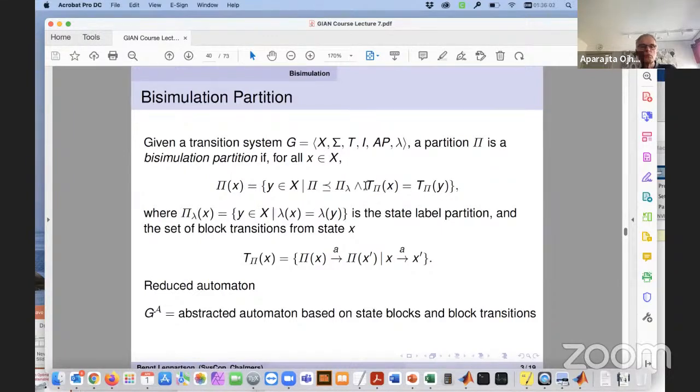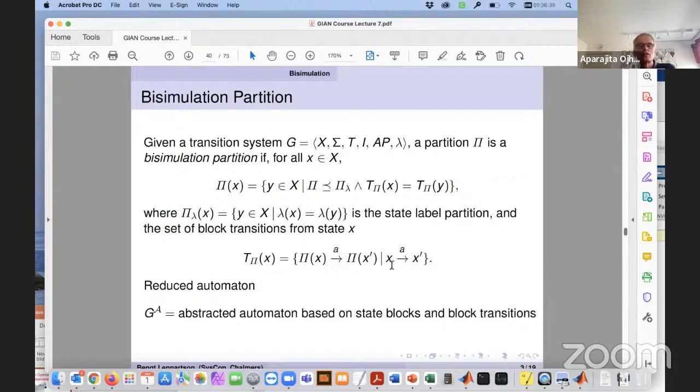If they are the same, then they belong to the same partition. The block transition is then defined as pi of X via an event A goes to pi of X prime. And this is possible if there also is a basic transition from X to X prime.